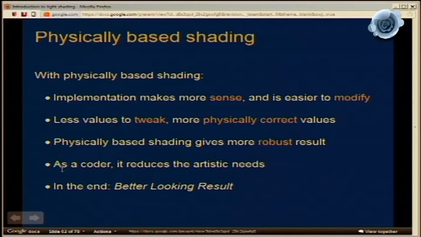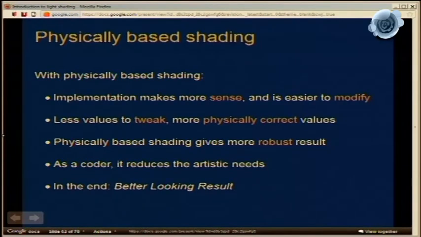In the end you have fewer values to tweak that make more physical sense. And because it makes more physical sense, the result is more robust against changing lighting conditions. As a coder, it means you have fewer artistic needs. And in the end, what we're interested in is a better looking result.